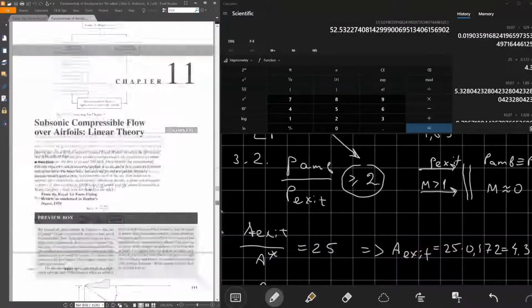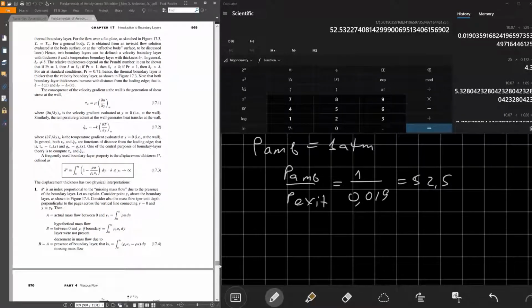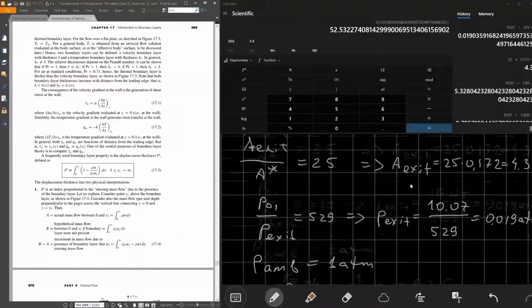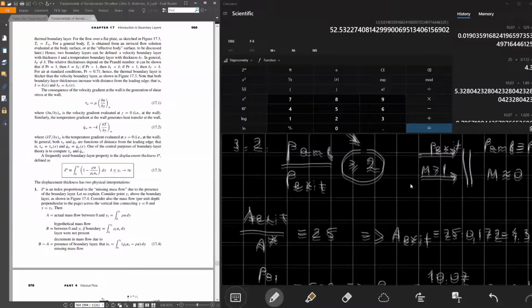We can find these reversed formulas. But okay, the most important is to understand the idea. If the exit pressure is too small with respect to the ambient pressure, for example, like here, 52 times smaller, we can clearly see that the normal shock wave will exist. What will happen when this ratio is not more than 2, when this ratio is between 1 and 2?